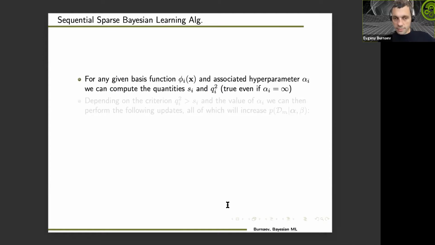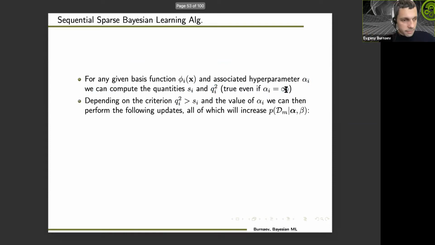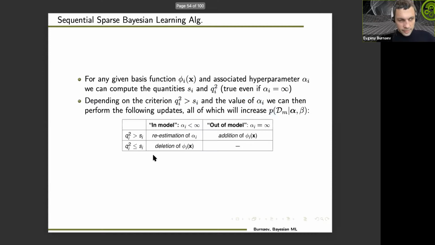And so what does this mean? For any given basis function phi I and associated hyperparameter alpha I, we can compute these quantities Si and Qi. This is true even if optimal alpha is equal to infinity. And so depending on this criterion and the value of alpha, we can then perform the following updates to increase the log evidence.